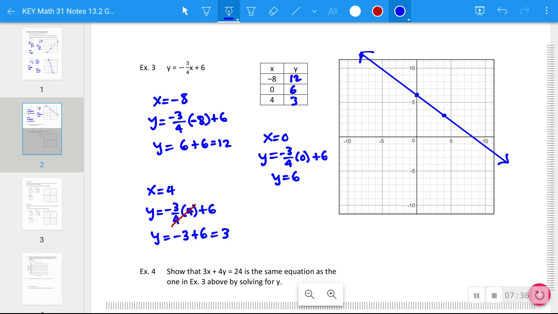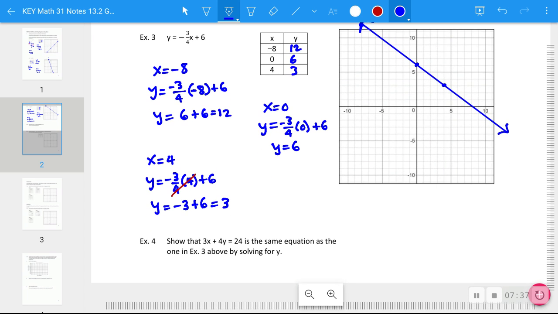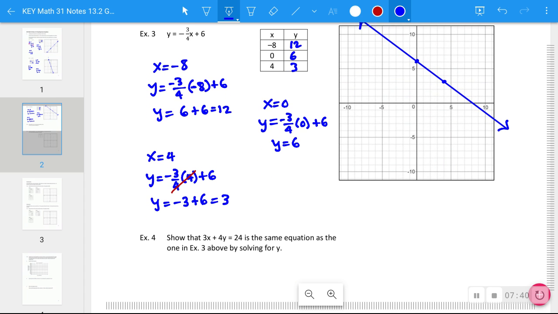All right, now example 4 here is actually related to example 3. It says, show that 3x plus 4y equals 24 is the same equation as the one we just did in example 3. And you do that by solving for y.